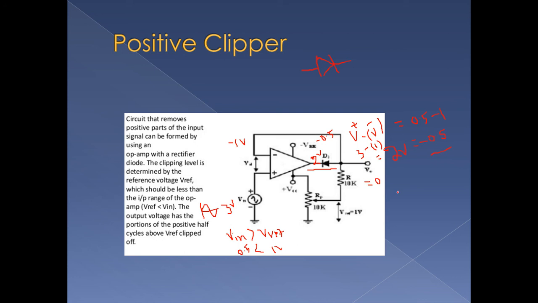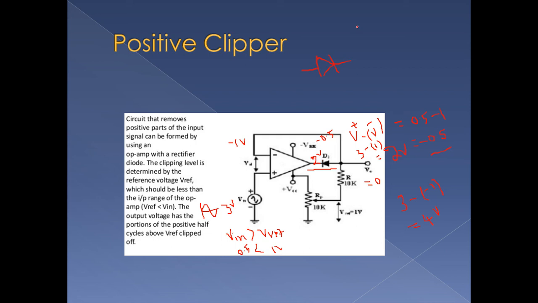If the input is positive and greater than the reference voltage, so 3 volt, considering maximum voltage 3 volt minus minus 1 volt, I will be getting 4 volt. If I am getting positive supply here, then the diode will be in off condition, cut off, and we won't get any output.